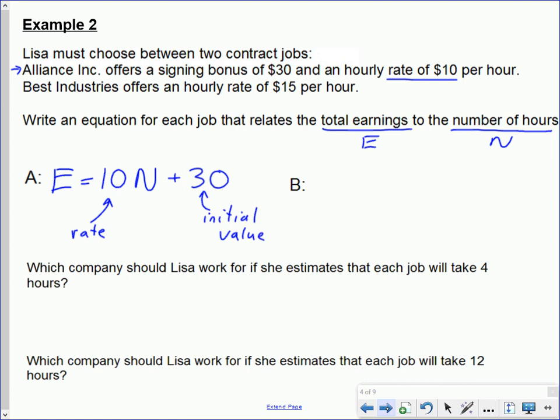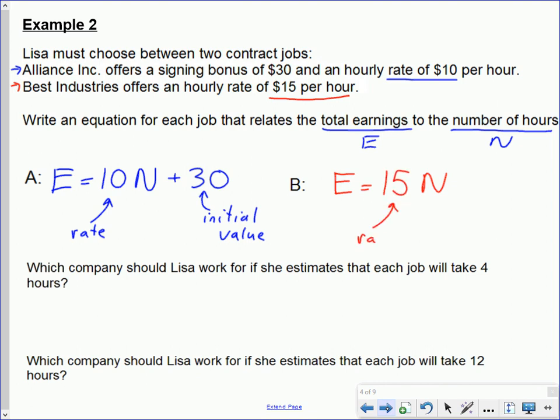What about for Best Industries here? Well, Best Industries offers an hourly rate of $15 per hour, but they don't have that signing bonus. So our equation is going to be E equals something in terms of the number of hours. Our rate is $15 per hour, so it's going to be 15 times the number of hours.